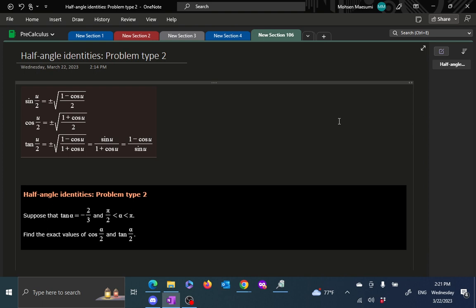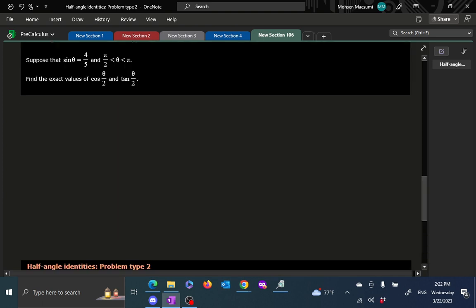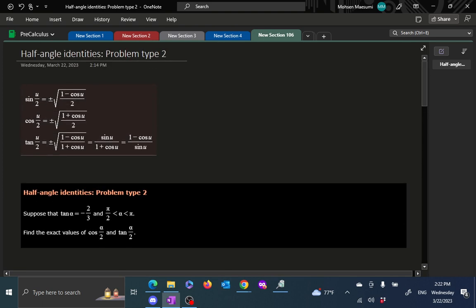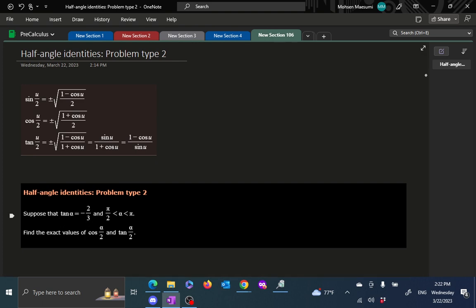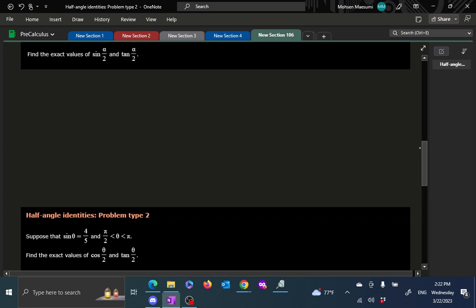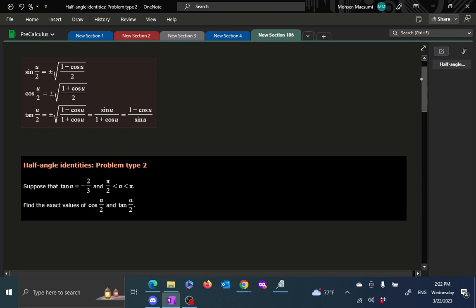Now, the type of problems that you come across, you see that a trig function of the angle is given, the quadrant is also given, and what we are after is a trig function of half of that angle. So, very similar to problems we had before, and so we should be good to go.